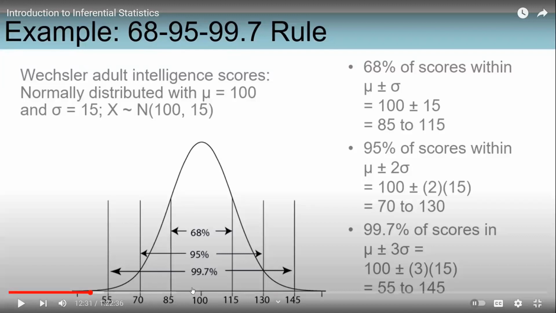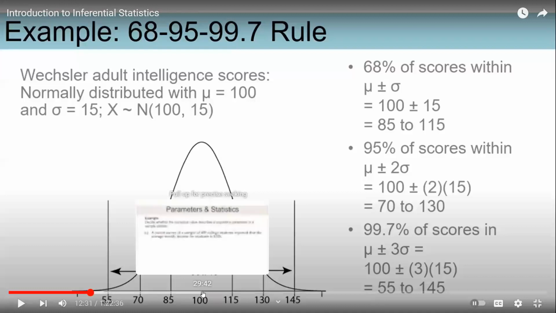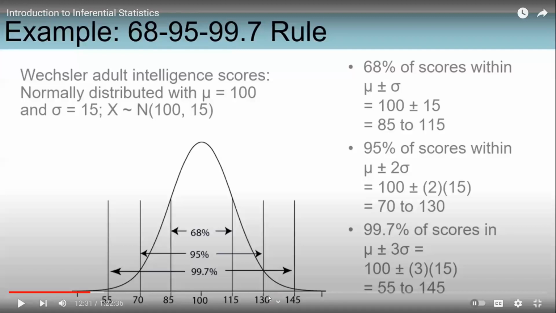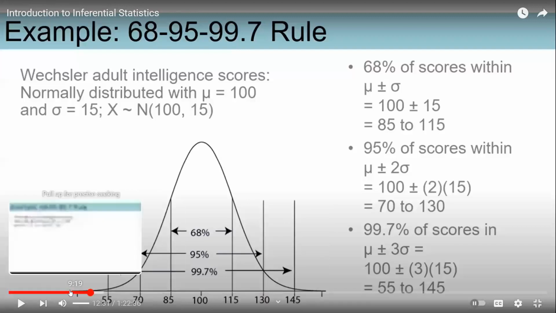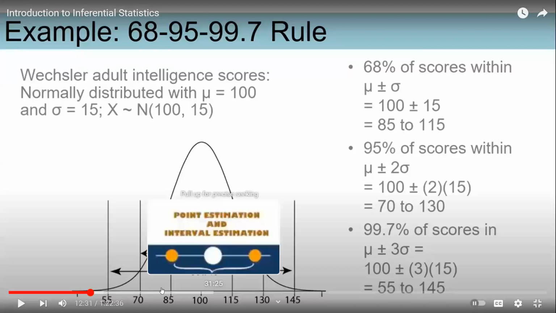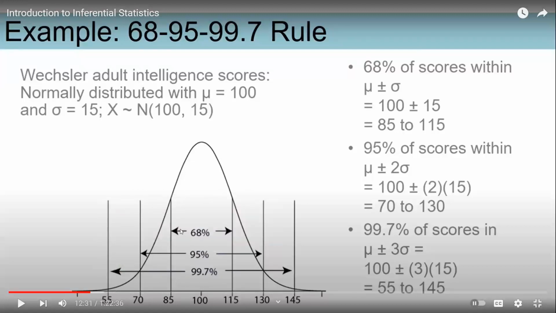So within two standard deviations away, to the left, 1, 2, so 70, to the right, 1, 2, 130, so 95% are within two standard deviations away, meaning the area bounded by the horizontal axis and this curve from 70 to 130 is 95% or 0.95, because the areas here are all about probabilities.